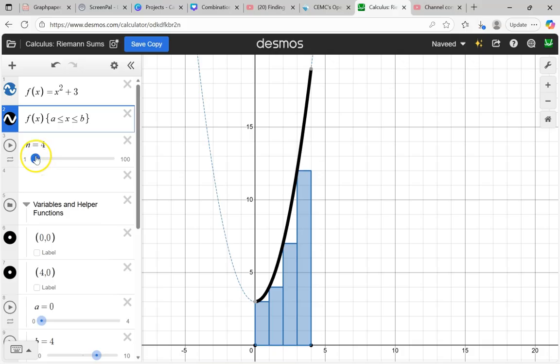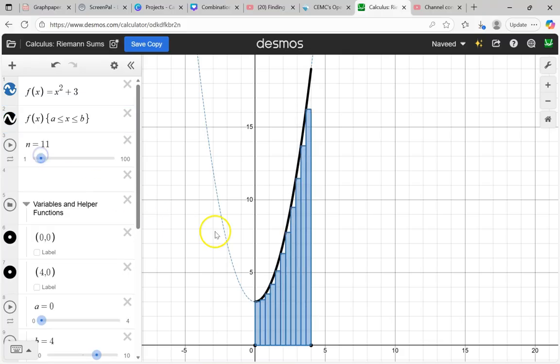But look what happens as I increase n, the number of subintervals. Here it goes. Now it's 7. Notice what is happening: as I increase n, the number of subintervals or rectangles under the curve, the area being covered under the curve is expanding.